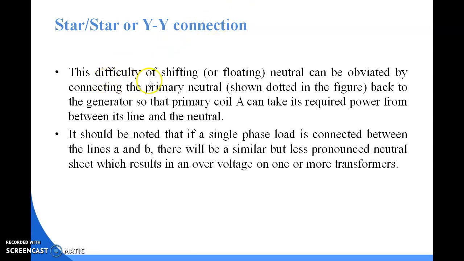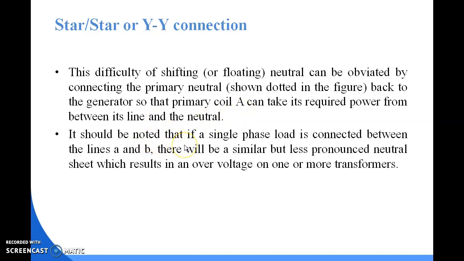Again, this difficulty of neutral shift can be obviated by connecting the primary neutral, as we have shown indicated in the figure itself, back to the generator, so that primary coil A can take its required power from between its line and the neutral.